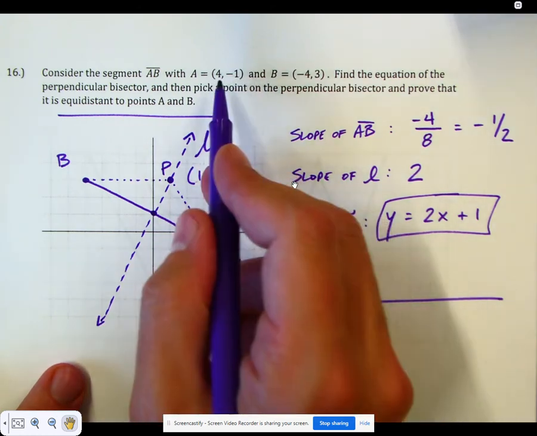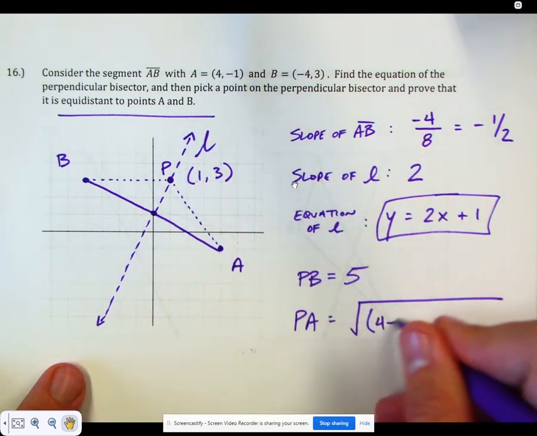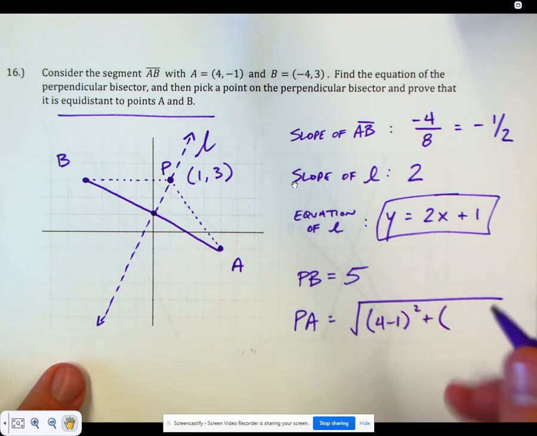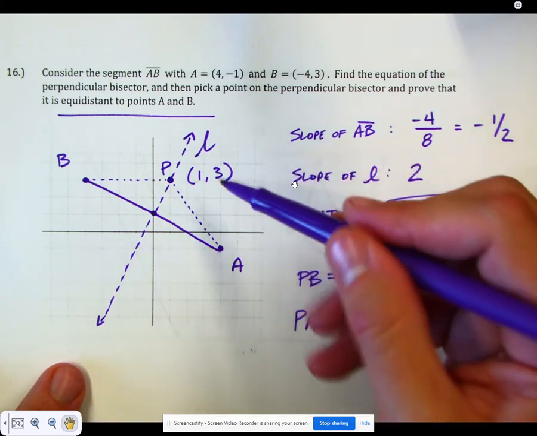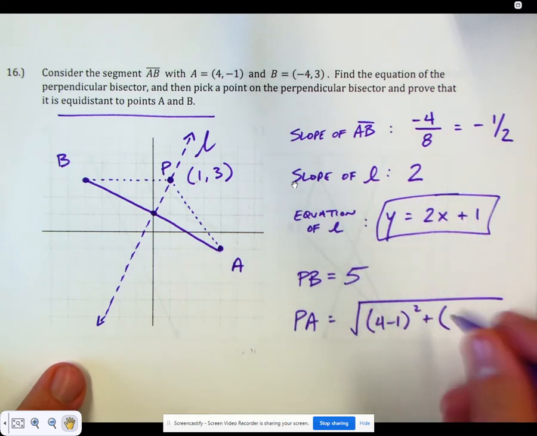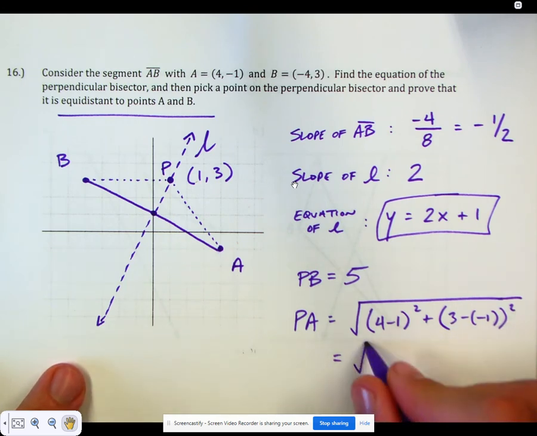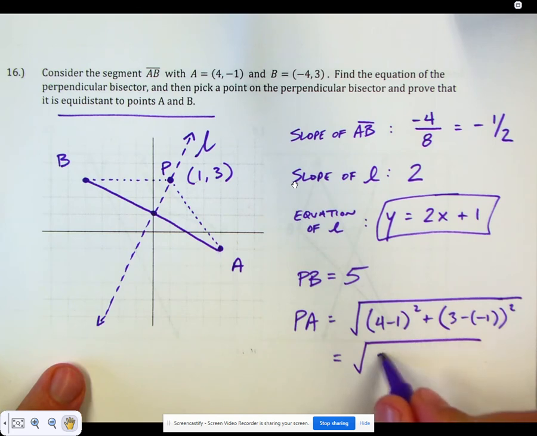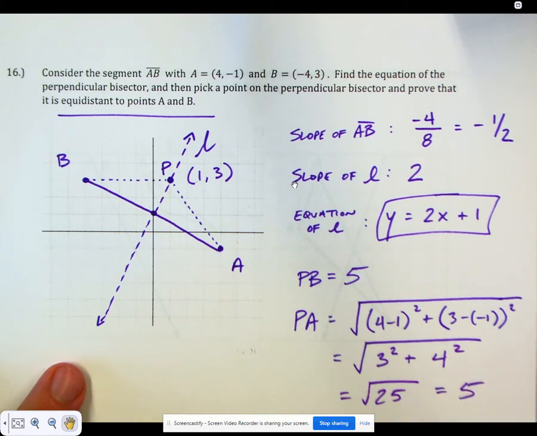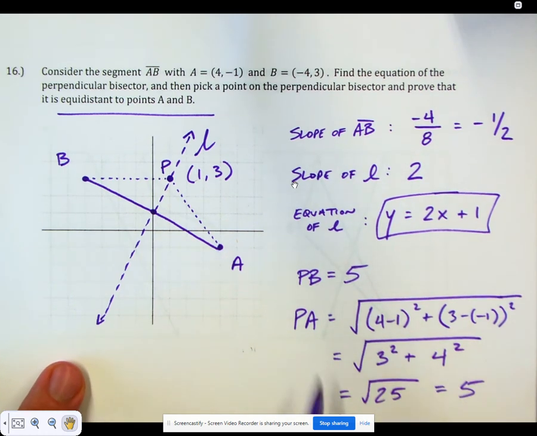So you go 4 minus 1 squared plus 3 minus negative 1 squared, all into the square root. And this is 9 plus 16. Well, let me show the intermediate step here. 3 squared plus 4 squared, which is 25. Lo and behold, PA is also 5.